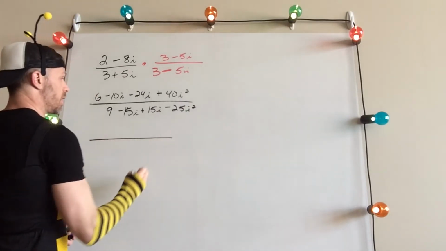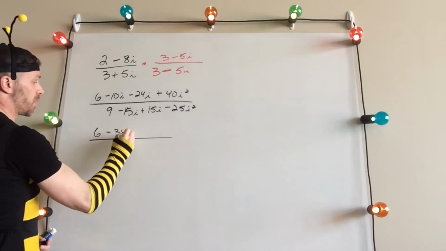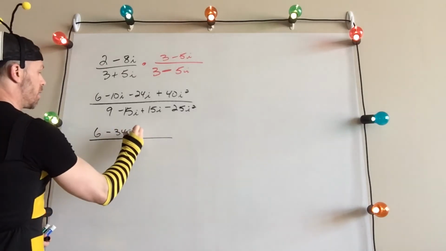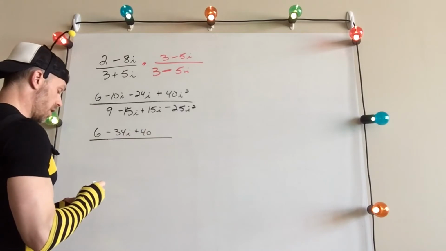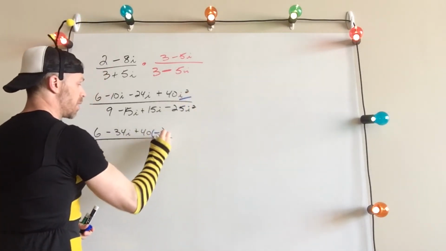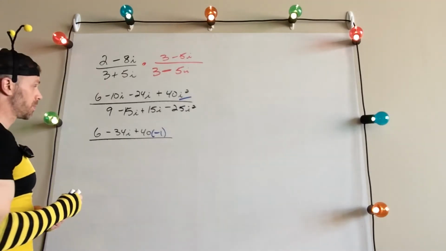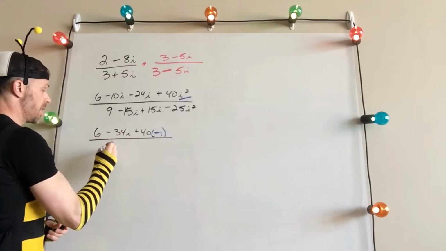All right, let's see here. Simplifying, numerator 6 minus 34i. We have that 40, but it had an i squared attached to it. Our i squareds we know again are negative 1s. We have our 9.